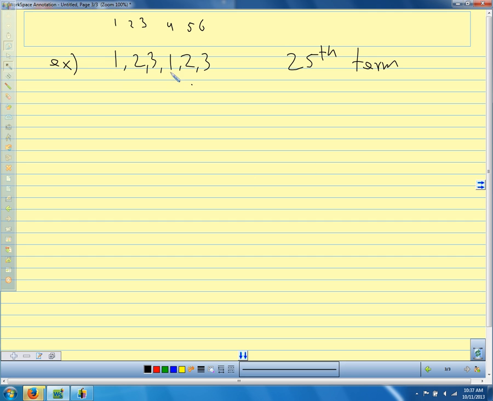So Leith says because these repeat every 3, we're going to divide the number by 3. So if I divide 4 by 3, what is the remainder? 1. 3 goes into 4 once with a remainder of 1. If I divide 5 by 3, what's the remainder? 2. And if I divide 6 by 3, what's the remainder?